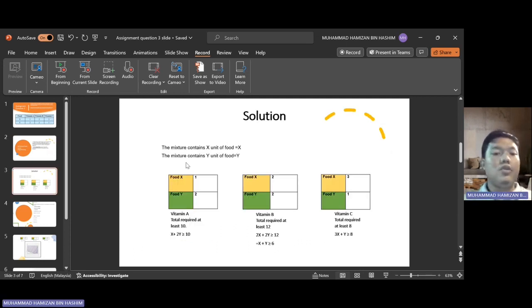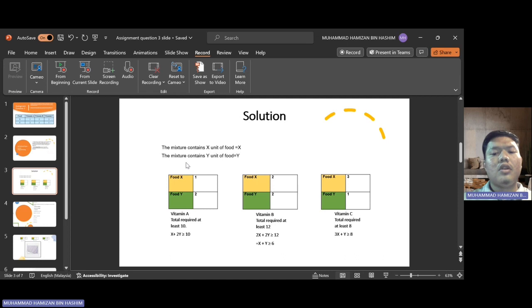Okay, we go to the solution. I wrote down the information based on the question. The mixture contains x units of food X and y units of food Y. For vitamin A, the total requirement is at least 10. The constraint is x plus 2y at least 10.